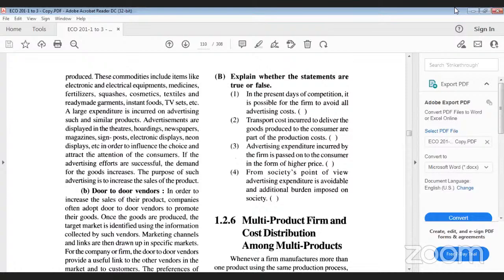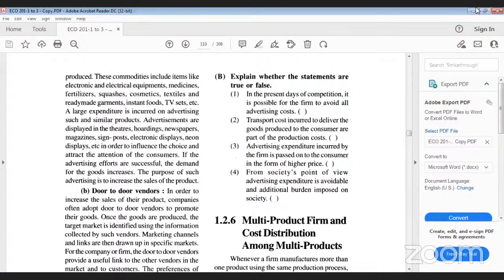A large expenditure is incurred on advertising such products. Advertisements are displayed in theaters, hoardings, newspapers, magazines, sign posts, electronic displays, neon displays, etc., in order to influence the choice and attract the attention of the consumers.